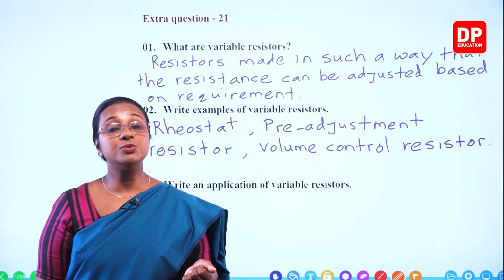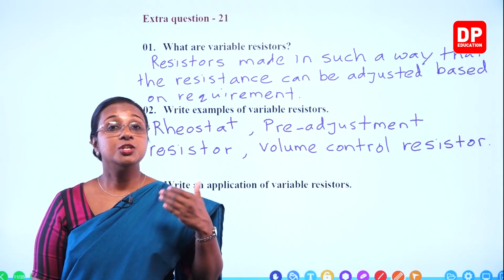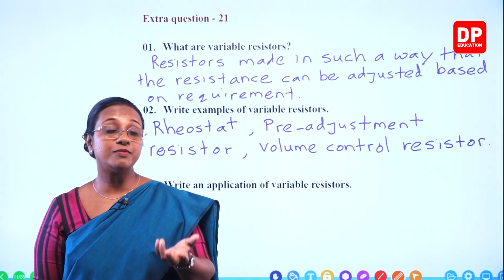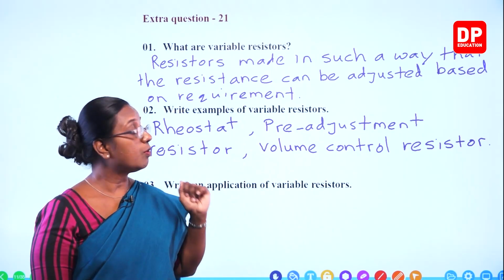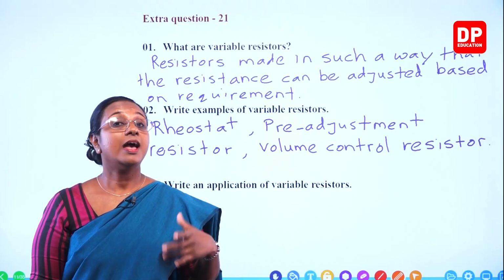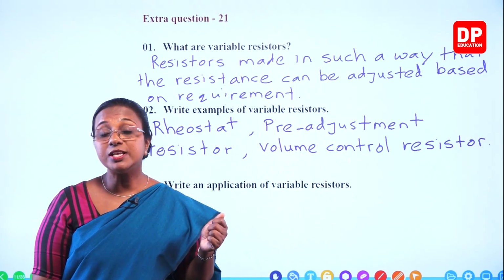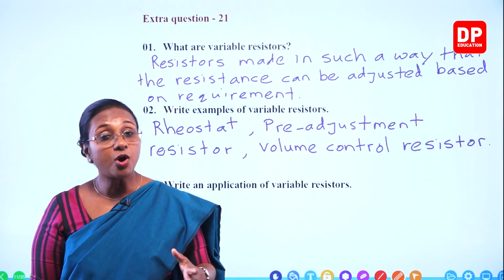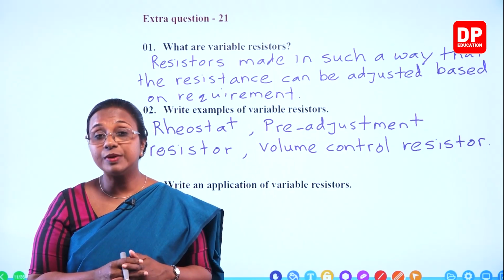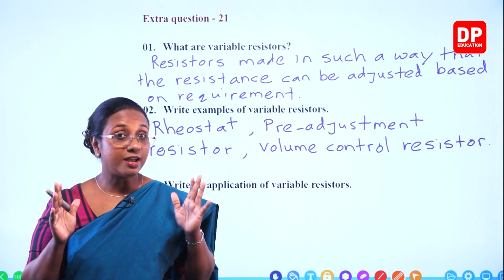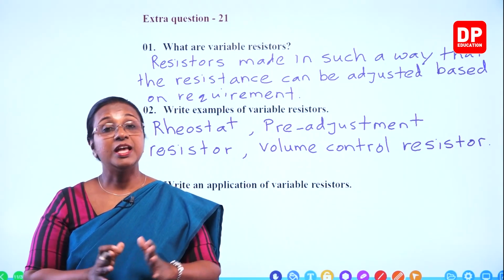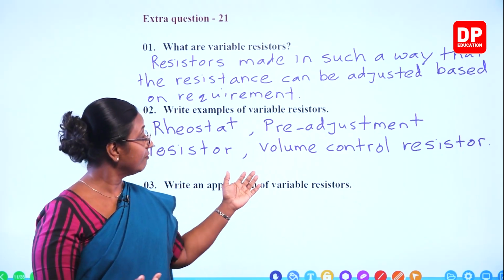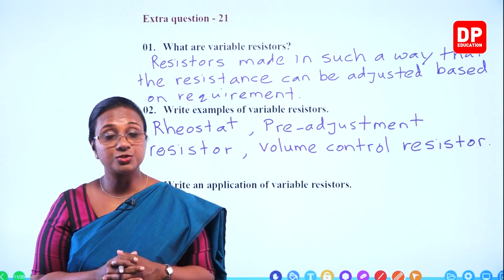Where else can you use variable resistors? To change the volume of a radio, to control the volume of a radio, you can use the volume control resistor. And also in electronic circuits, you can use variable resistors. I have told you all this before also. It doesn't have to be that there is always sound involved when we use a volume control resistor.